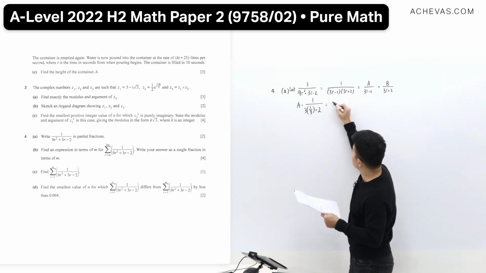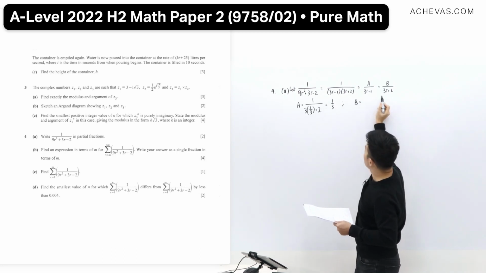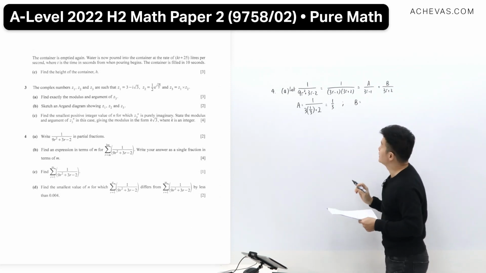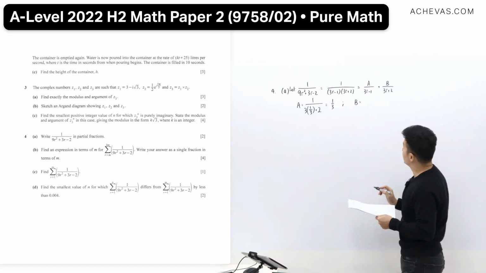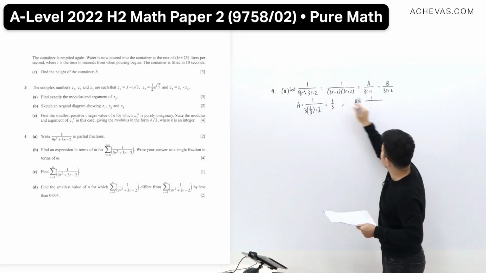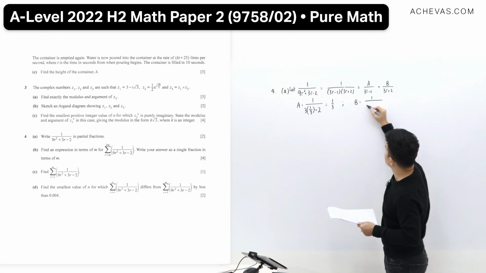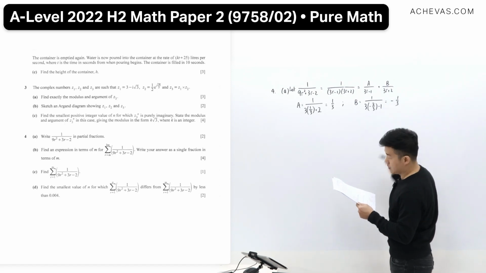So a here is equal to 1 over 3. To find b, we are going to cover up 3r plus 2, and we're going to replace all this r here by negative 2 over 3. So it's going to be 1 over 3 times negative 2 over 3 minus 1. This is minus 1 over 3.